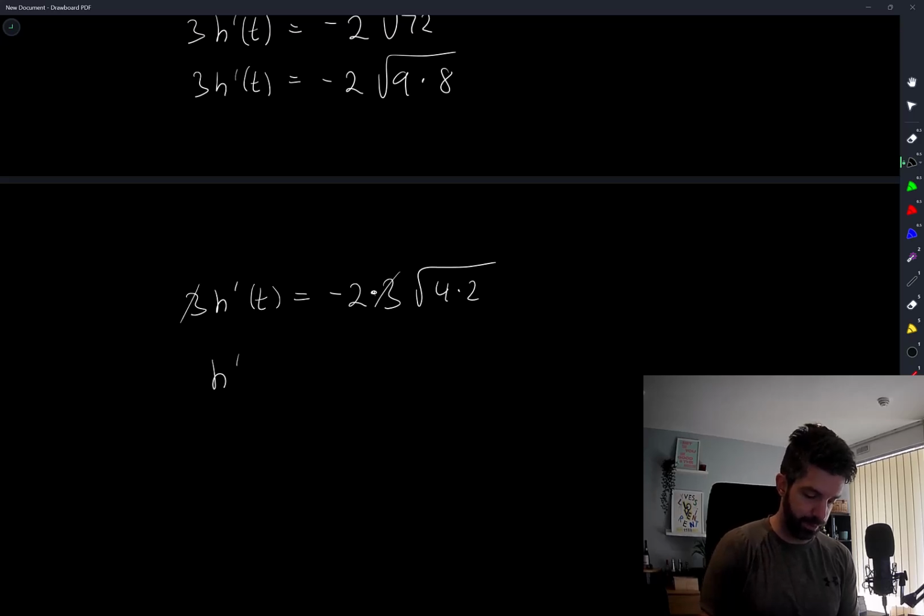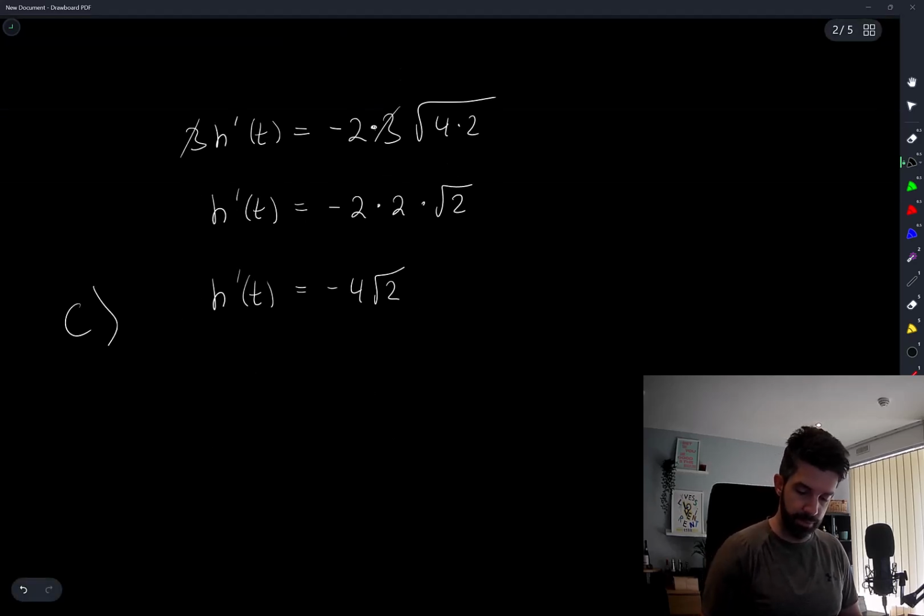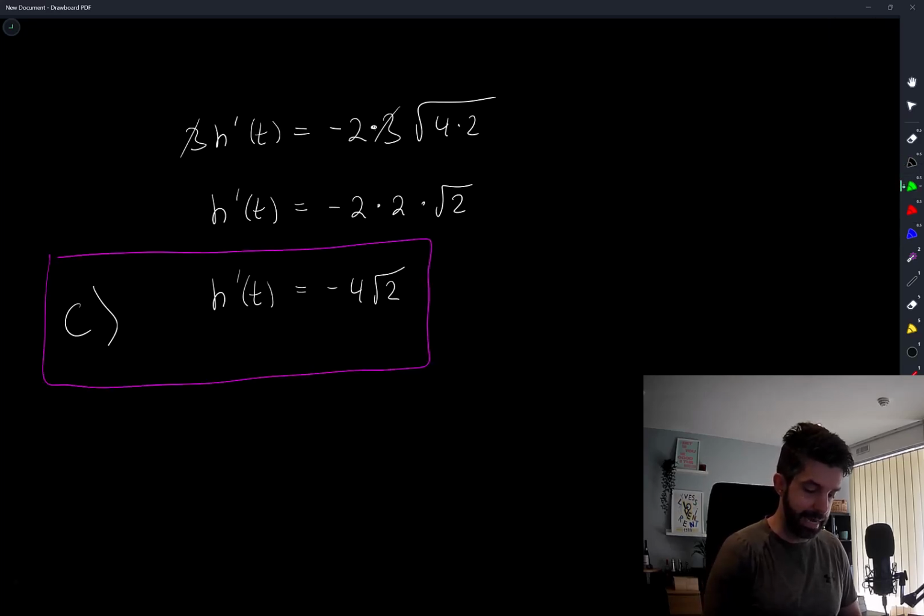I have h prime of t is equal to negative 2 times 2 times root 2. So h prime of t is equal to negative 4 root 2. So this says that option C is correct. The negative sign, of course, just means that the top of the ladder is moving downward. So the speed is just positive 4 times root 2.